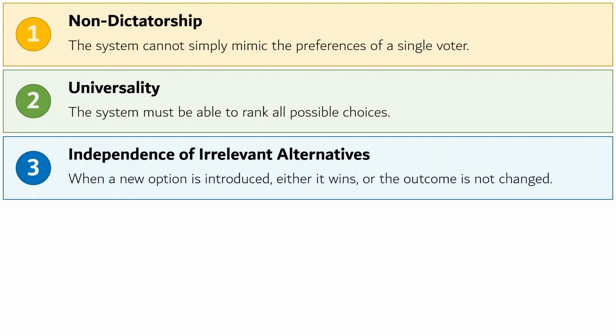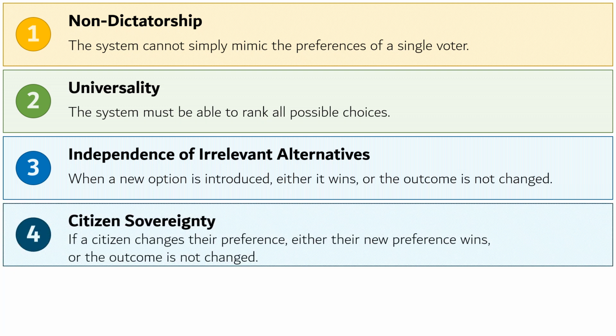That would violate the independence of irrelevant alternatives. Society picked vanilla over chocolate, but when strawberry becomes an option, chocolate beats vanilla. Strawberry is the irrelevant alternative. It doesn't win in either case, but the outcome is not independent of whether or not it is a choice.